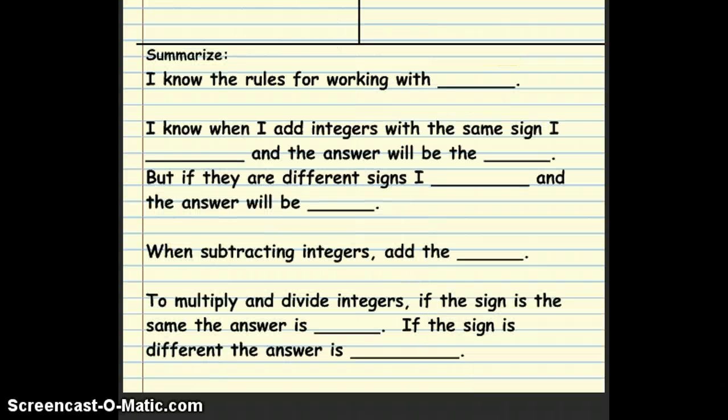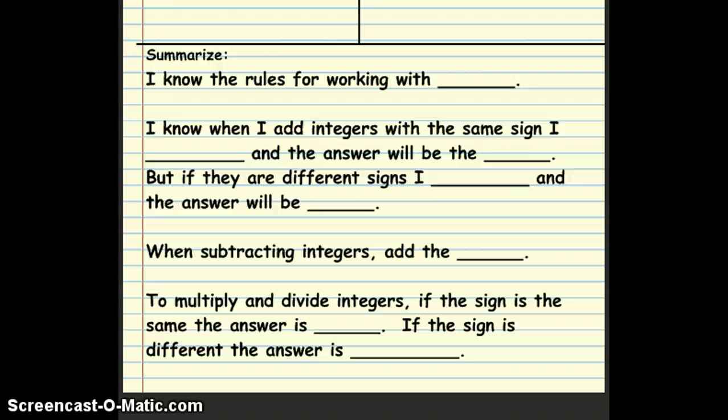Let's get to our summary. To summarize, go ahead and fill in. I know the rules for working with integers, which has been our topic today. I know when I add integers with the same sign, I blank, and the answer will be blank. But if they are different signs, I blank, what do you need to do? And the answer will be what?